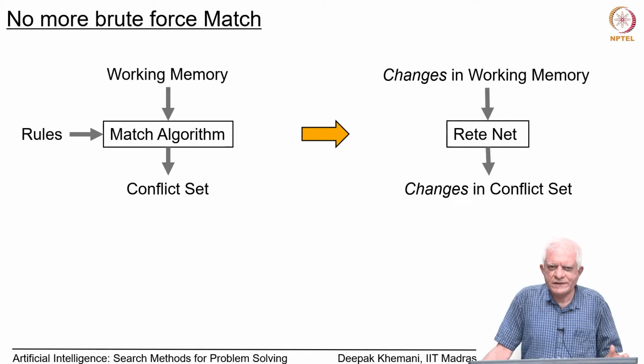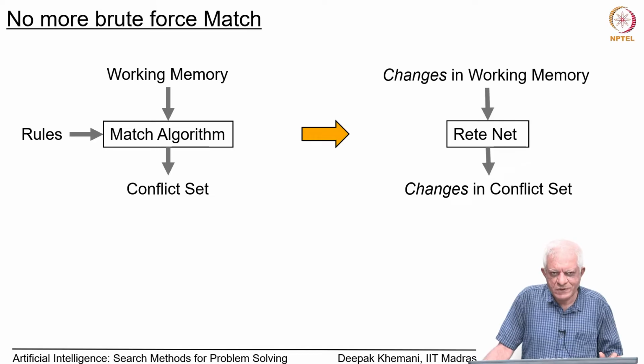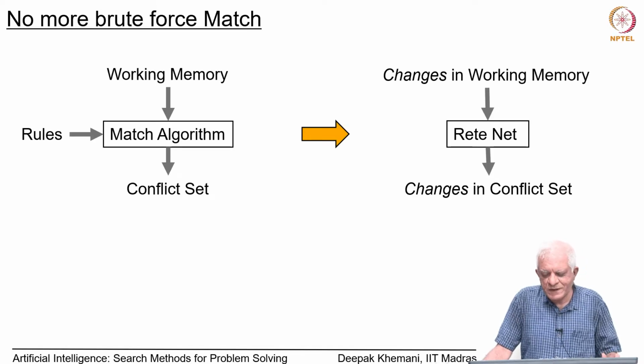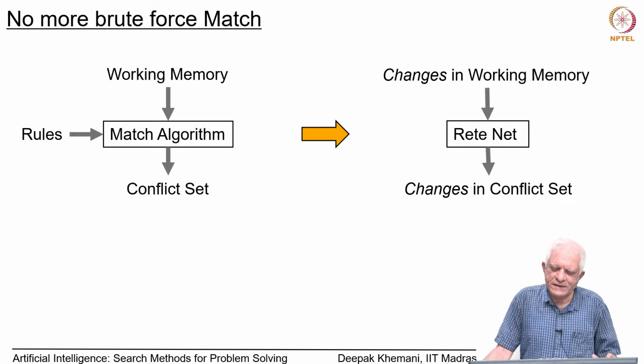We are just about to look at this very nice algorithm called the Rete algorithm, which works on something called the Rete Net. And the goal of constructing this Rete Net, as we have mentioned, is to optimize on the work that you have to do during the match phase of the inference engine cycle: match, resolve, execute.